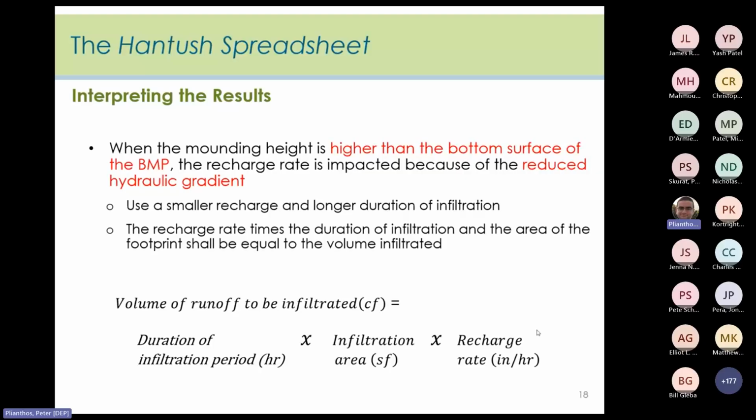Because there is a proportionality between the recharge rate and the duration of infiltration, as shown in this equation, the changes include a smaller recharge rate and a correspondingly longer duration of infiltration for the same infiltration area and the same volume of runoff to be infiltrated.